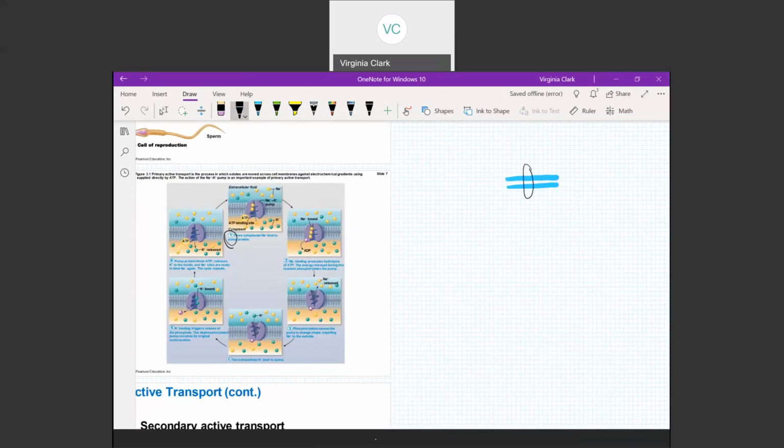And this carrier protein is actually going to be open on the inside. So in step 1, this is how we're going to start. We have our plasma membrane and a carrier protein, and this carrier protein is going to have ATP attached to it. So this is how we start.